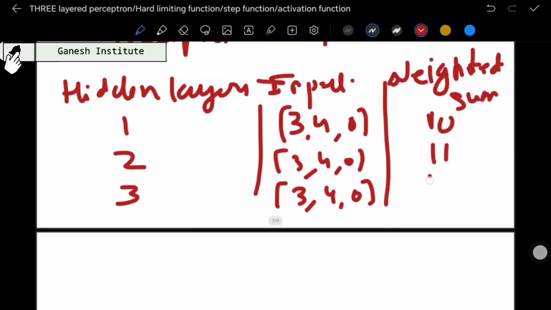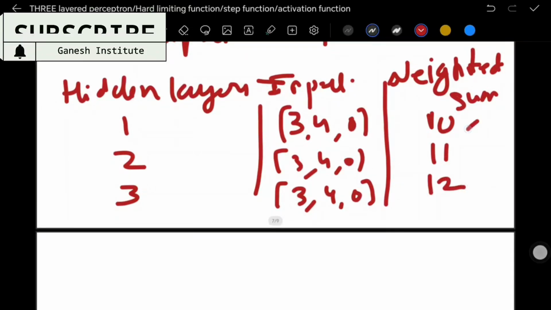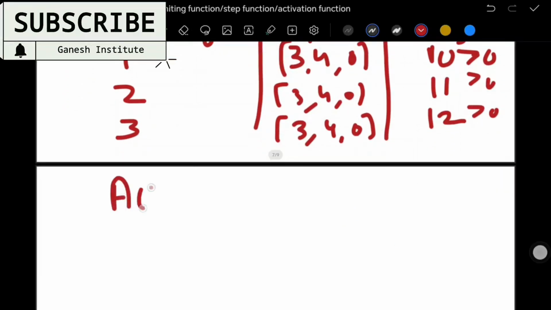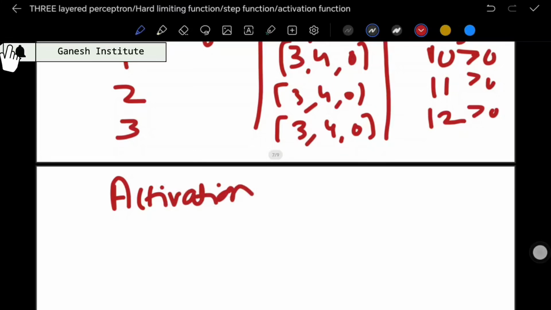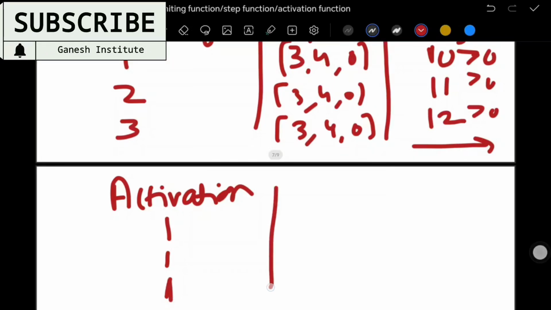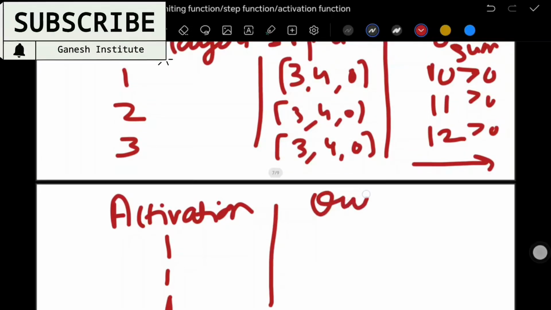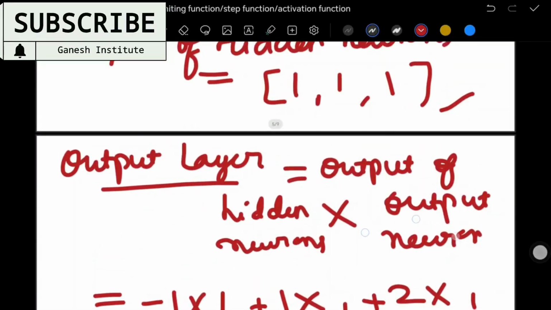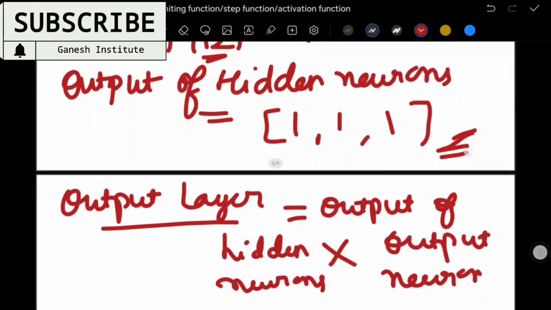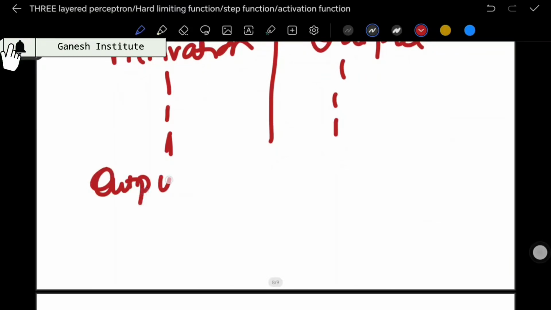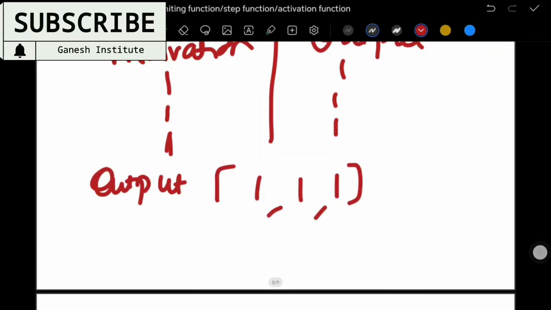Because all of them are greater than 0, their activation, in the next column, is 1 for all of them. And the output of the respective neurons we got as 1, 1, 1. This is how you can solve questions related to perceptron.